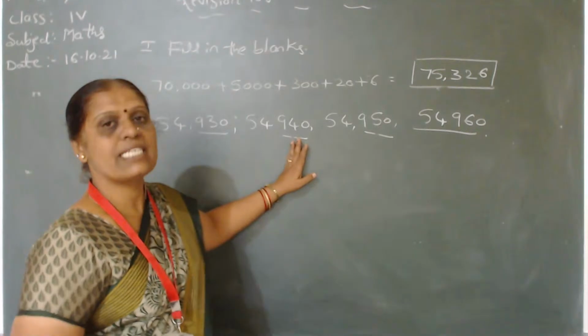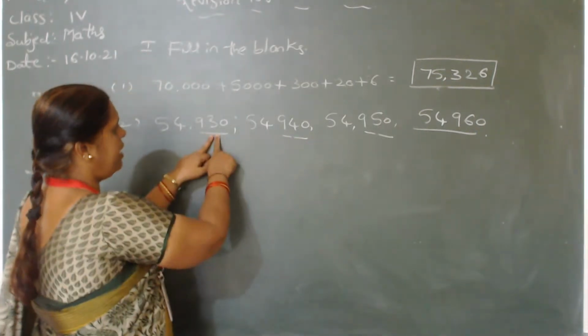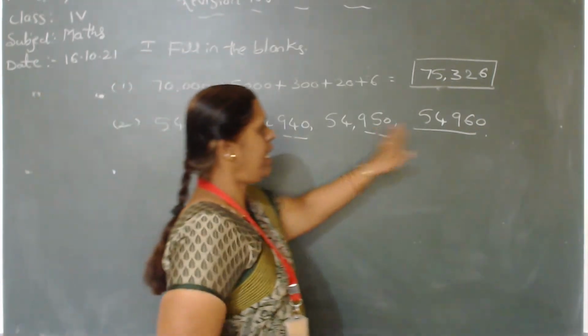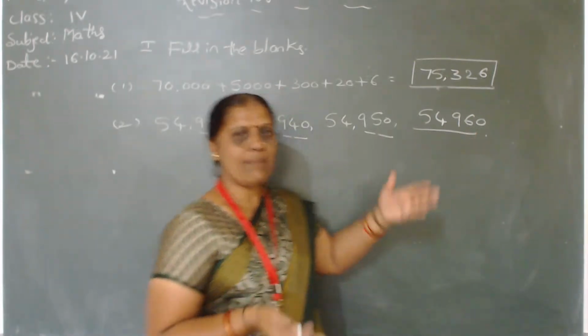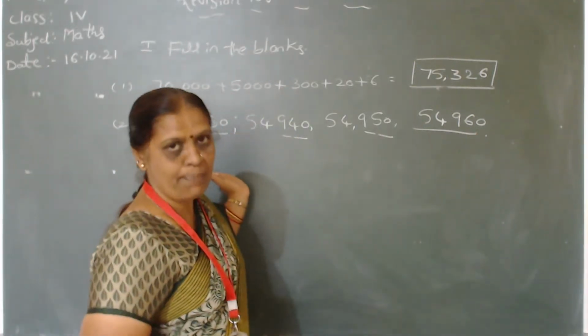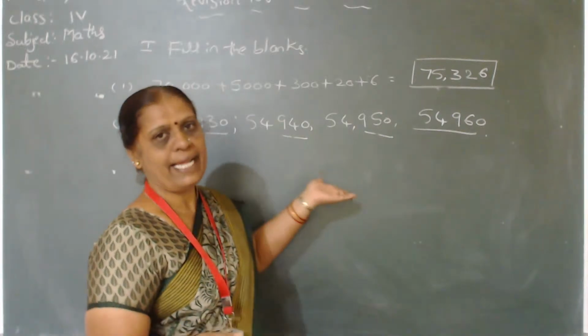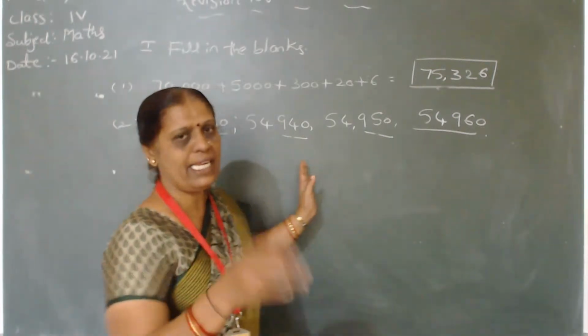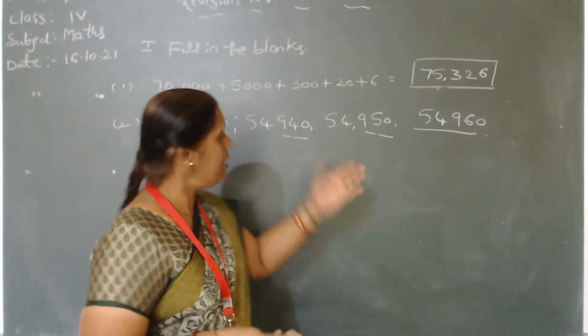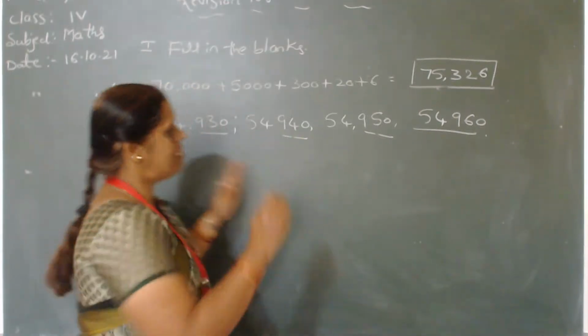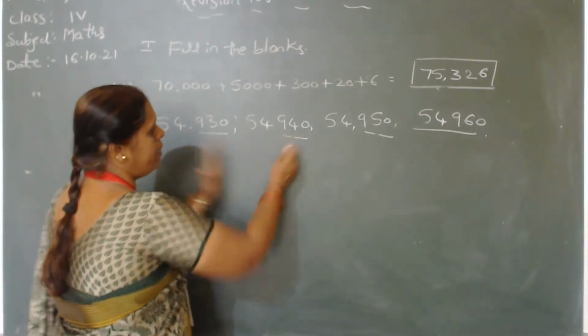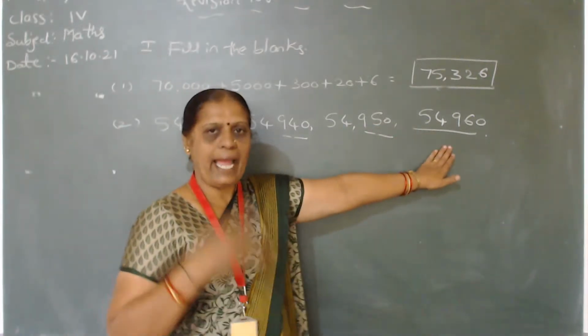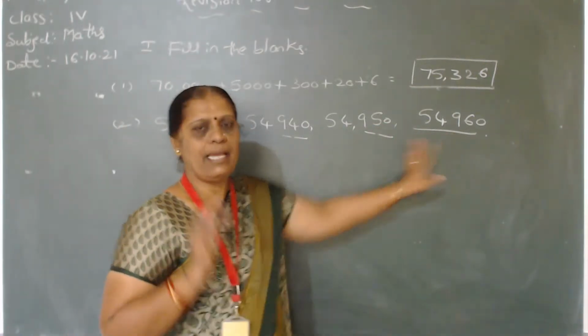This is skip counting: 30, 40, 50 and 60. Sometimes they will change the thousands place, hundreds place, tens place or ones place. First observe two numbers, then you will get the idea about the next number.